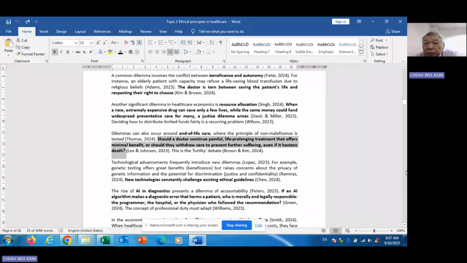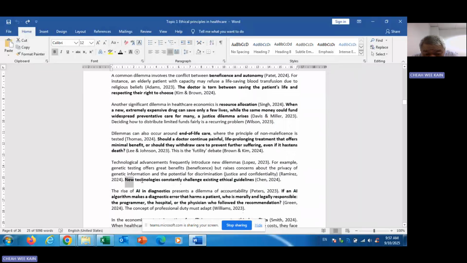You put on oxygen, so he can still continue to breathe, he's still alive. But his quality of life is very bad. He's just on a bed with the oxygen. Should we stop the oxygen so he can go peacefully? Or we carry on putting in the oxygen so that we don't kill him. In these kinds of cases, you have to talk to the legal guardian and the relatives of the patient.